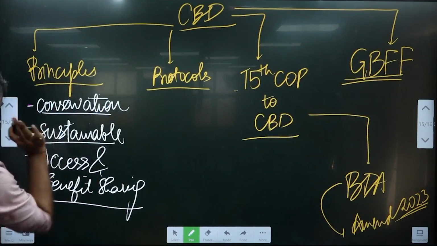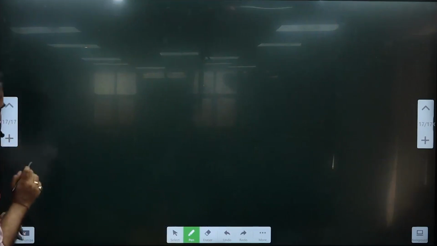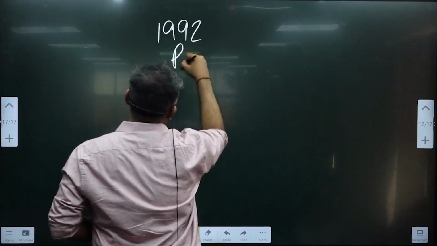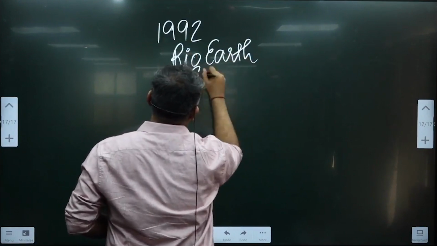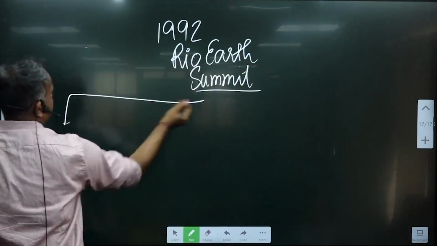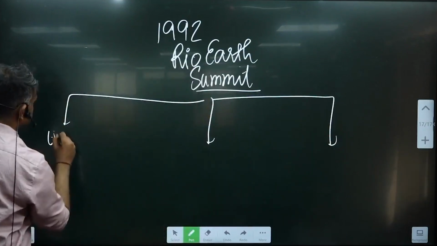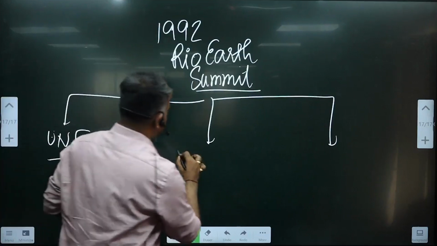Just if I go a step back, because we are writing about CBD, I'll just give you a brief context. 1992, Rio Earth Summit, right? So then you had the United Nations Framework Convention on Climate Change.